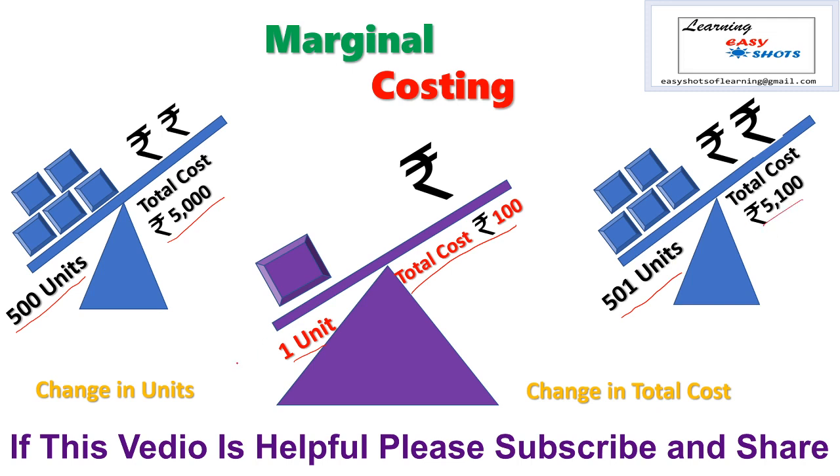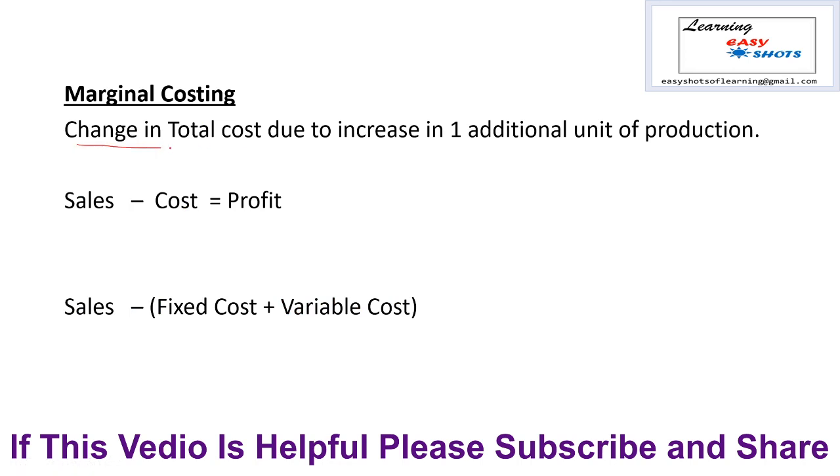This one additional unit increases our total cost by 100 rupees. This change in total cost is known as marginal cost. So, marginal cost is the change in total cost due to one additional unit of production.